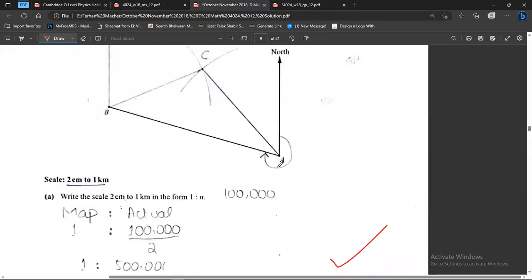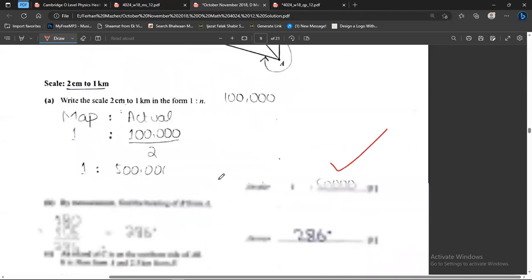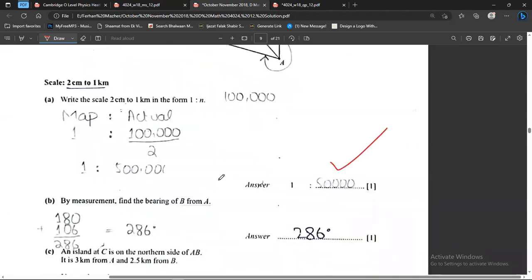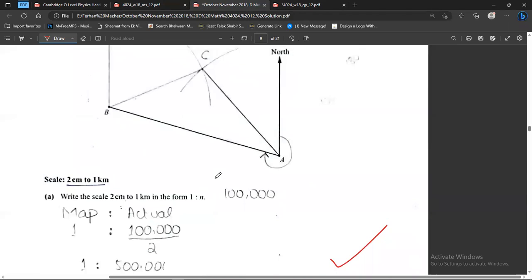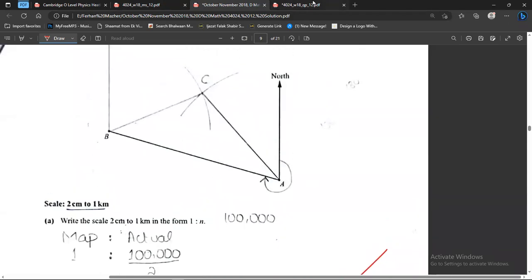The basic technique is to prolong this line, then measure this angle. Up to here is 180, and then we add this angle, so that is 286. Do you understand what I'm saying?